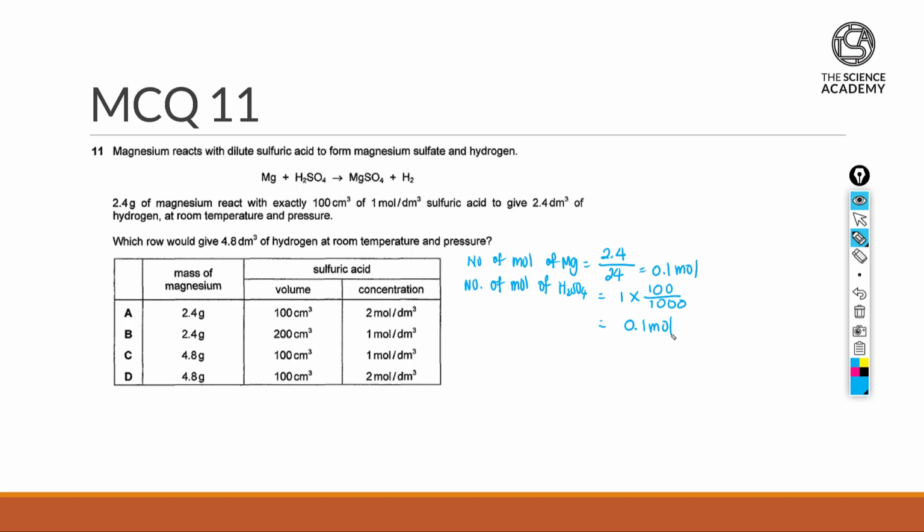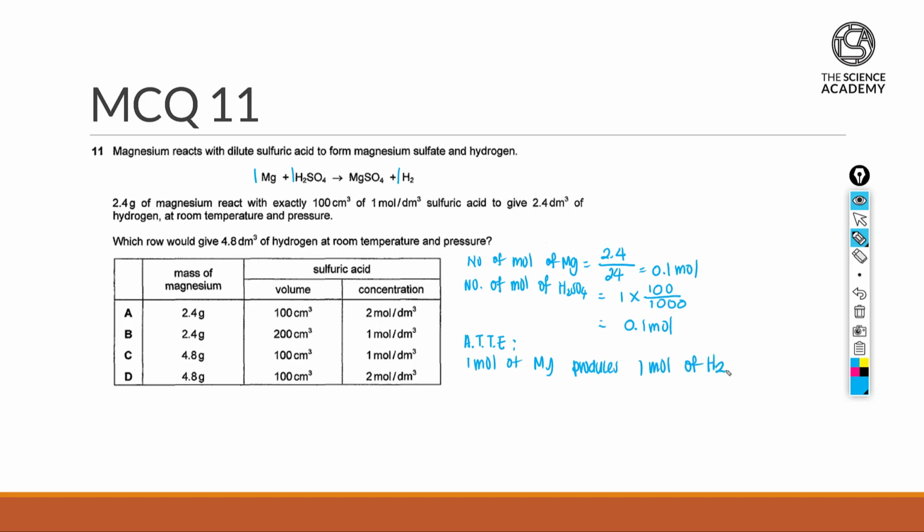Due to the coefficients, according to the equation, the coefficient of magnesium is 1, the coefficient of H2SO4 is 1, and the coefficient of H2 is 1 as well. So the amount of H2 produced should be 0.1 mole as well. According to the equation, 1 mole of Mg produces 1 mole of H2.